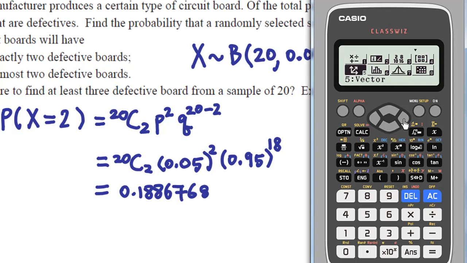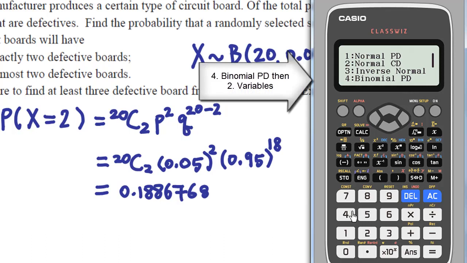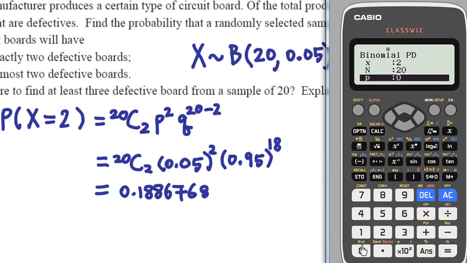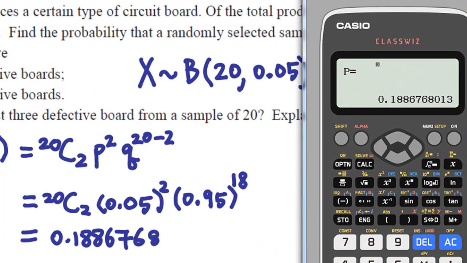Select binomial probability density function, which is 4, and then we use variables. For this binomial distribution, I want to find the probability where x equals 2, n equals 20, and the probability of success is 0.05. Equal 0.18867688013.